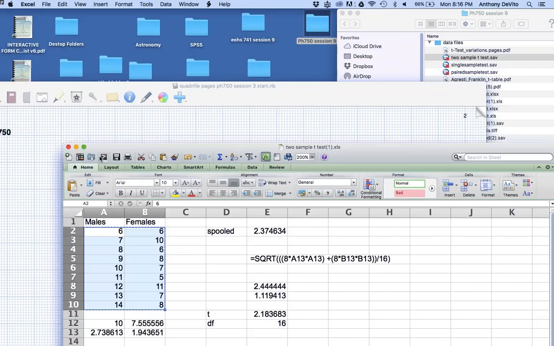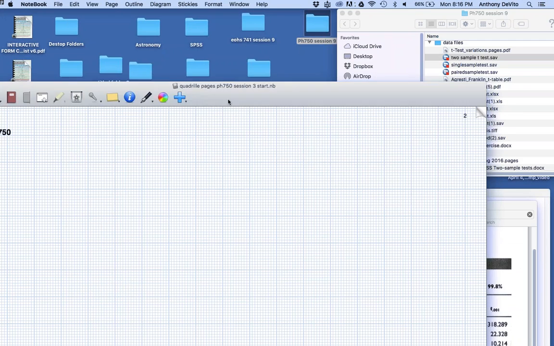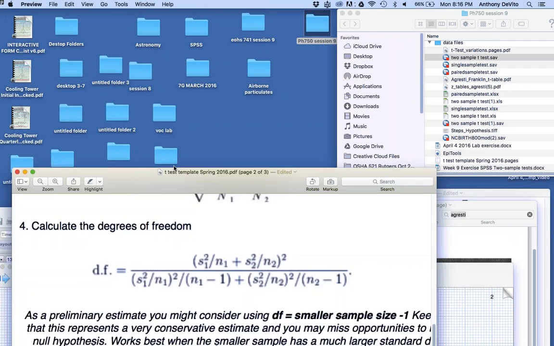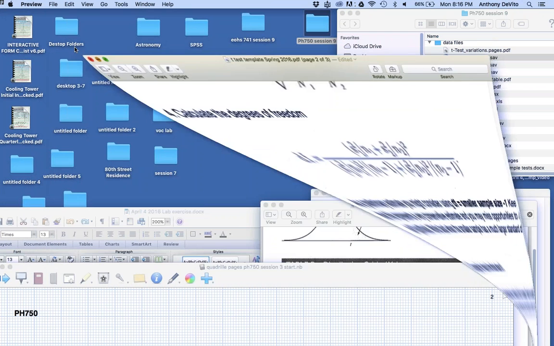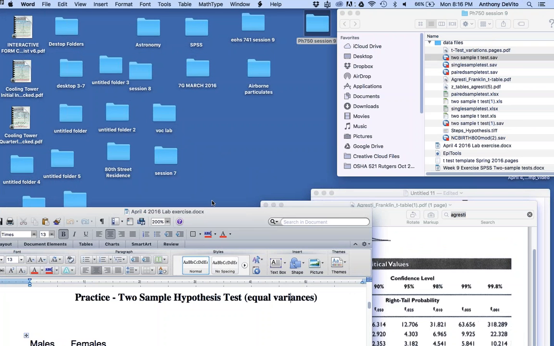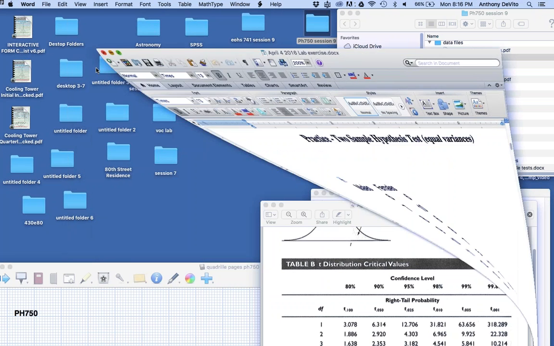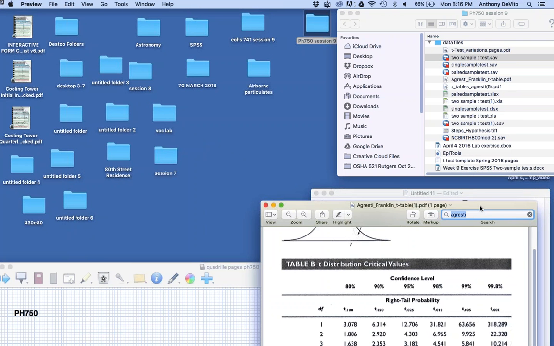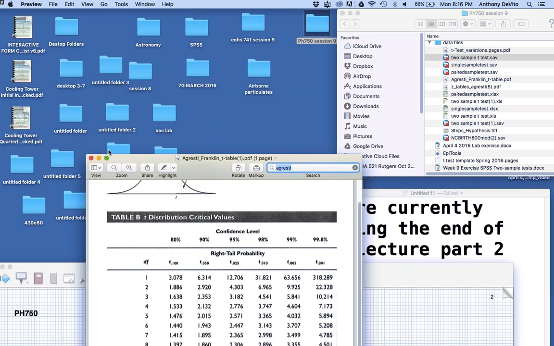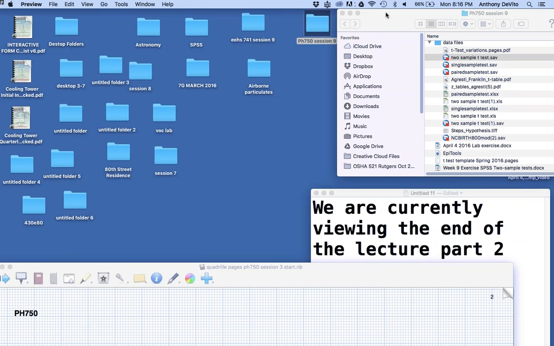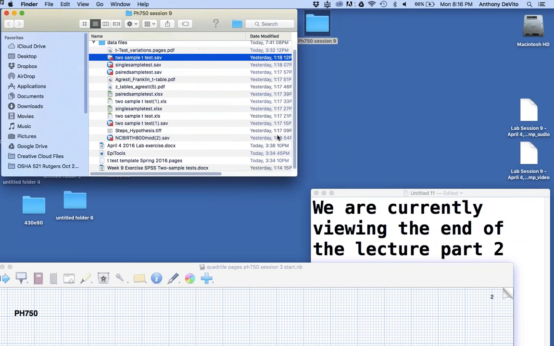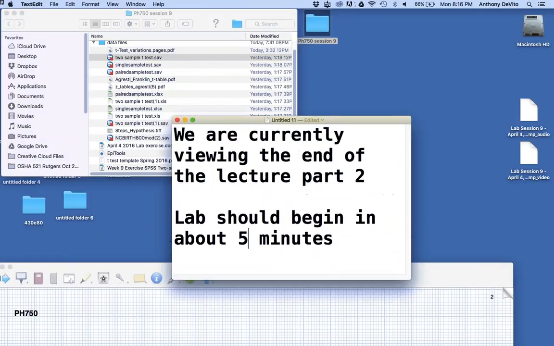Oh, no. Let me minimize that for the moment. Worst case, I can always go over to the PC to do it, which I might actually do at some point here.